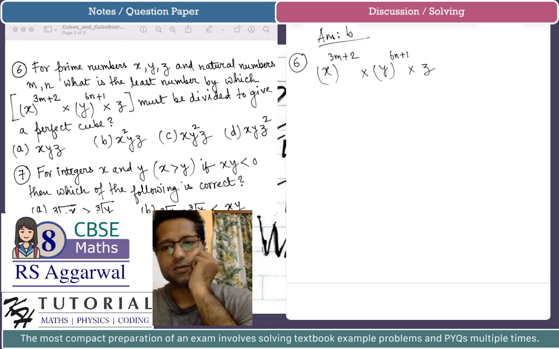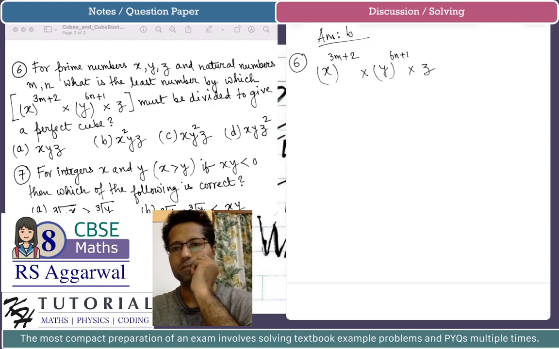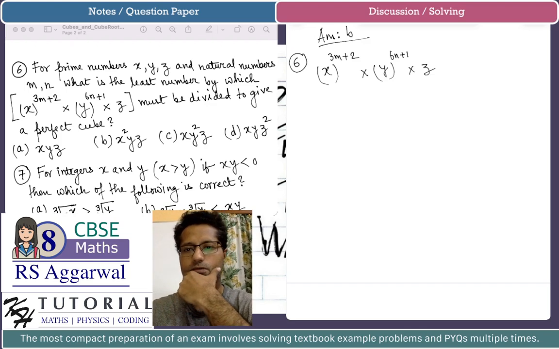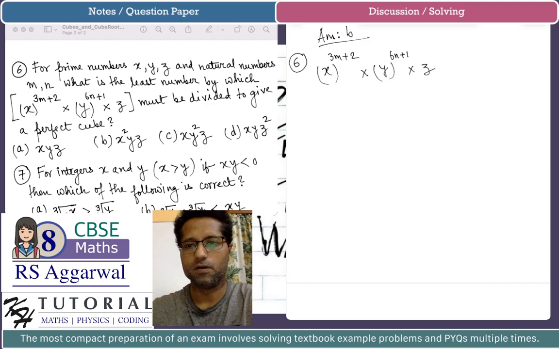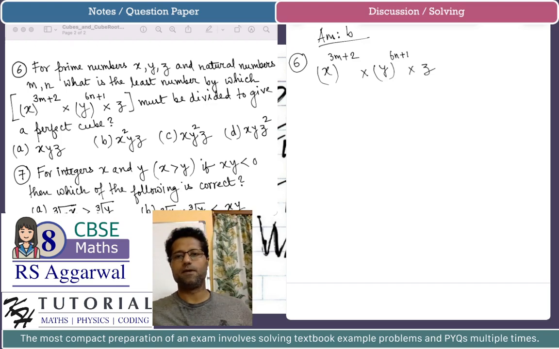So we can see this is a product of powers of 3 primes, where the power of the prime factor x is 3m plus 2, the power of the prime factor y is 6n plus 1, and of course the power of the prime factor z is 1.